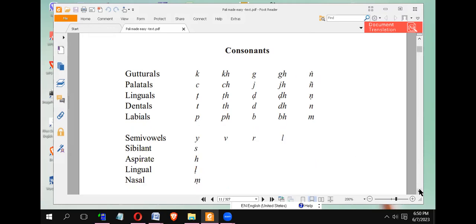Sa, ha, la, ma. You know, like buddham, dhammam, sangam. You can feel the vibration.